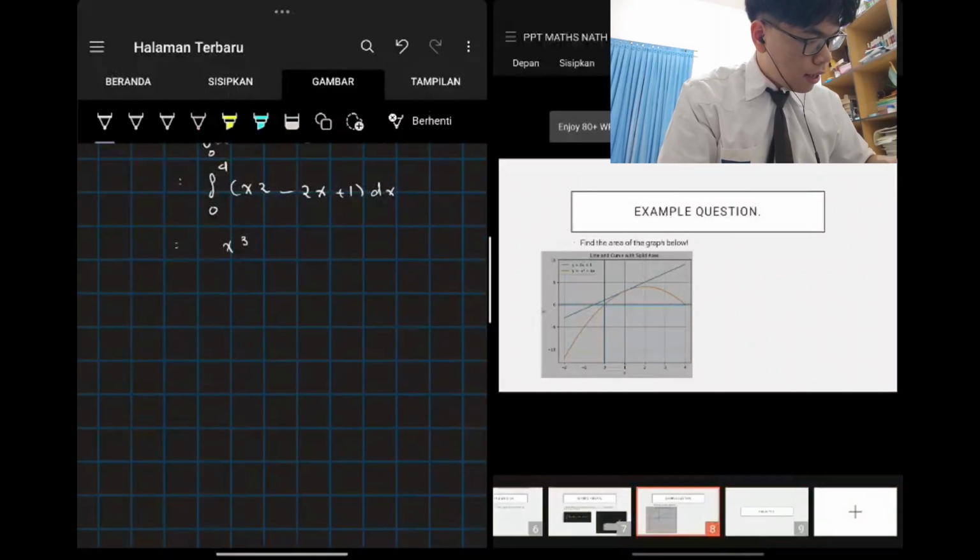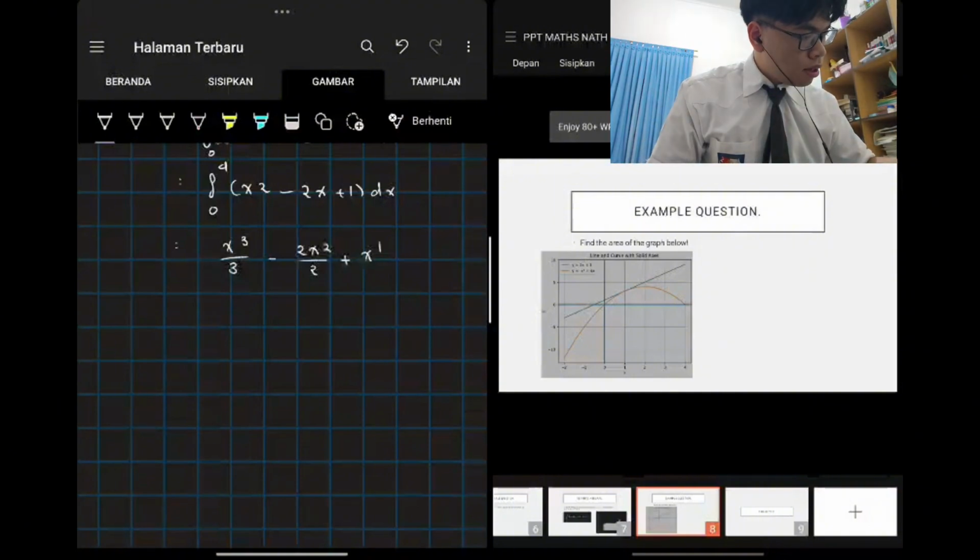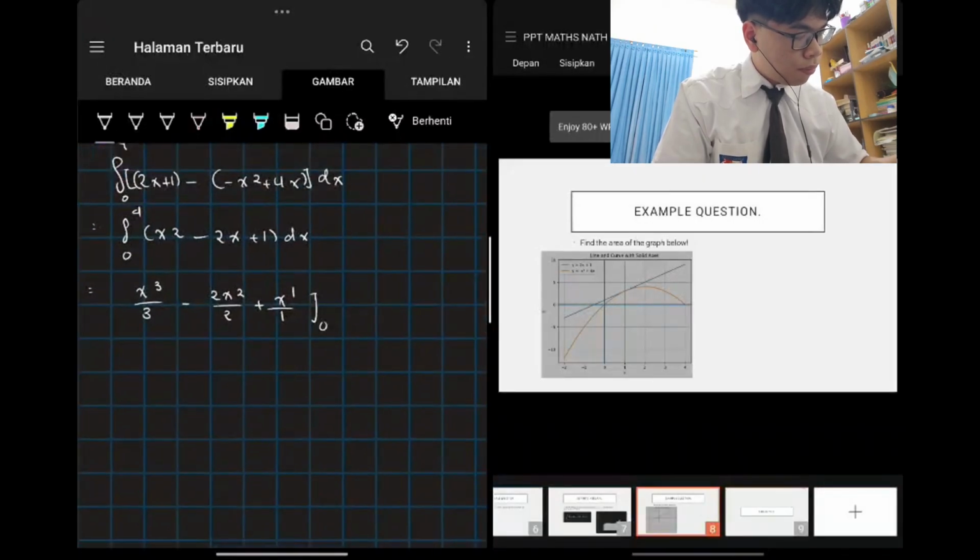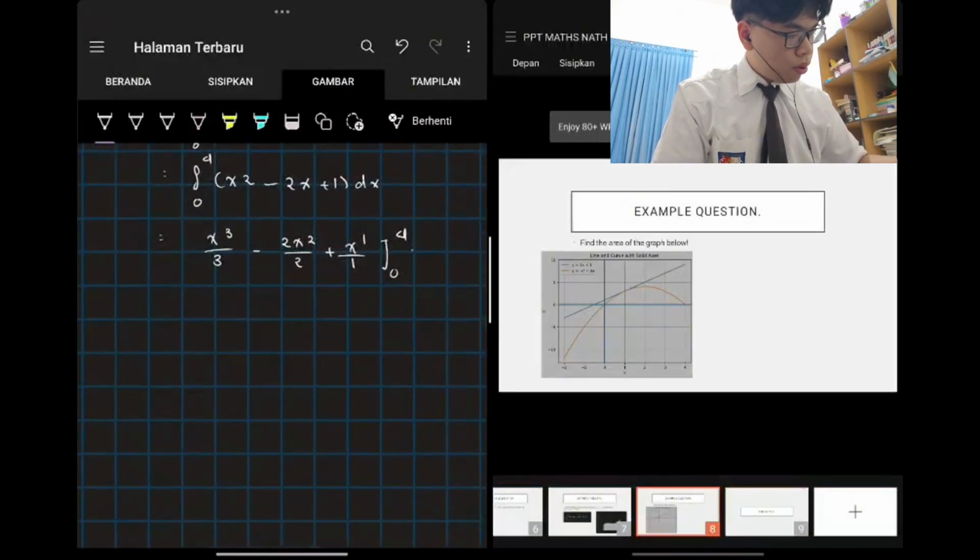It equals x to the power of 3 per 3 minus 3x squared per 2 plus x to the power of 1 per 1, evaluated from 0 to 4.